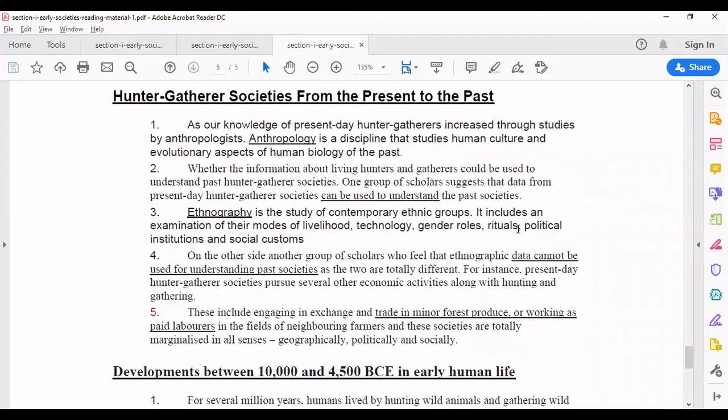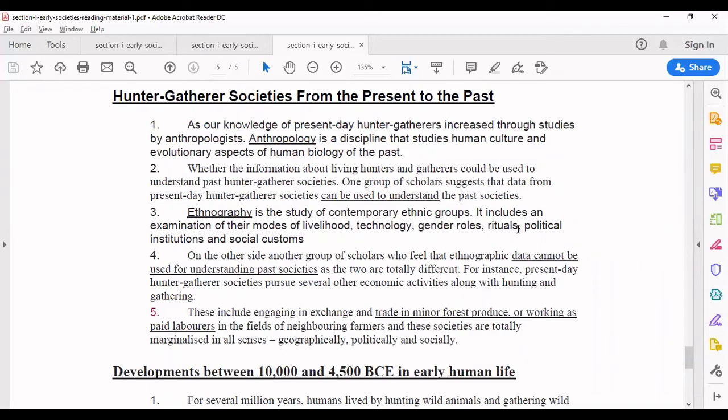On the other side, we have the ethnographers who feel that ethnographic data cannot be used for understanding the past society because the two are totally different. According to them, present-day hunter-gatherer societies pursue several other economic activities along with hunting and gathering. They also engage in exchange and trade in minor forest produce.